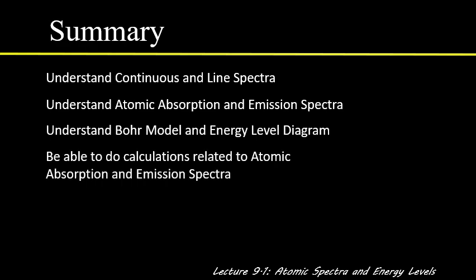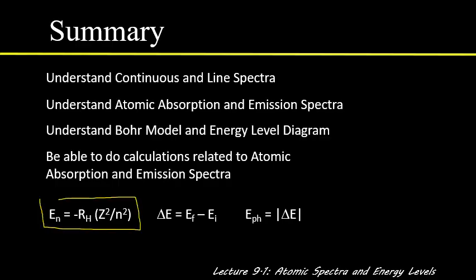Right. And you should be able to do calculations related to absorption and emission of light as electrons transition between different energy levels. All right, and we've got basically three equations here. This gives you the energy of an electron in any of those energy levels. For any transition, the change in energy is going to be the final energy minus the initial energy.